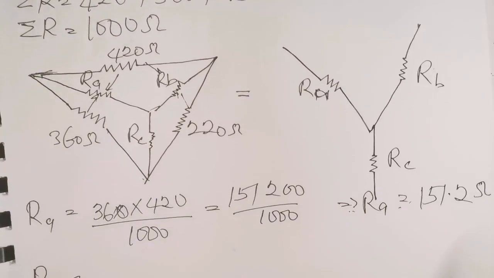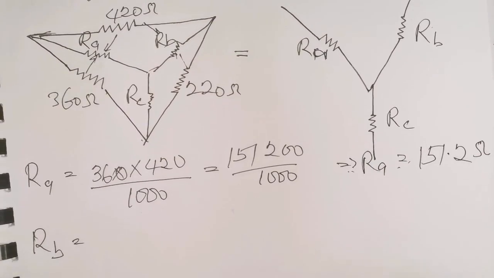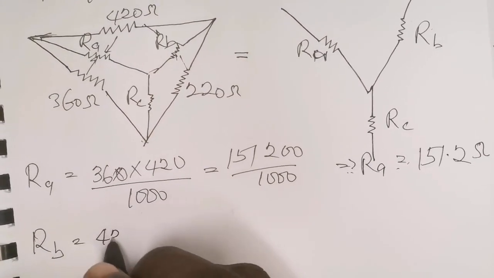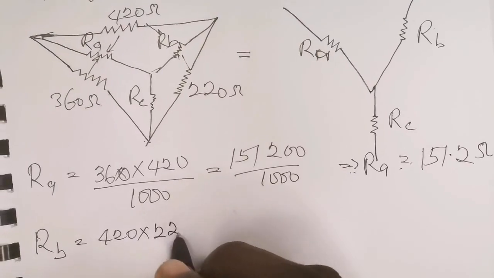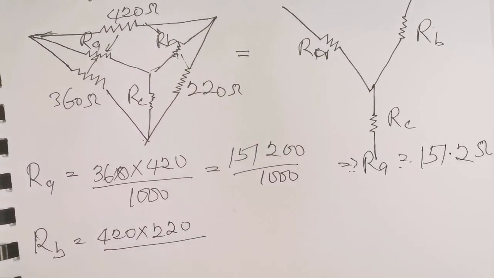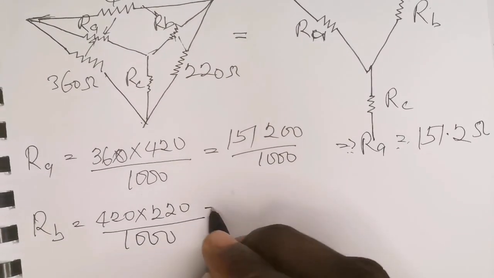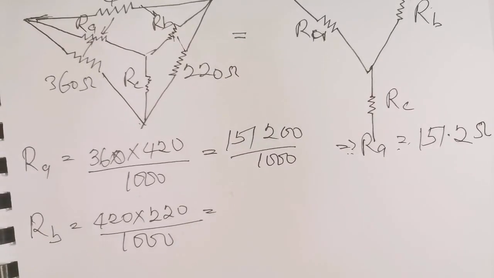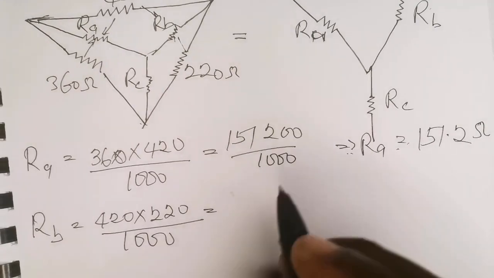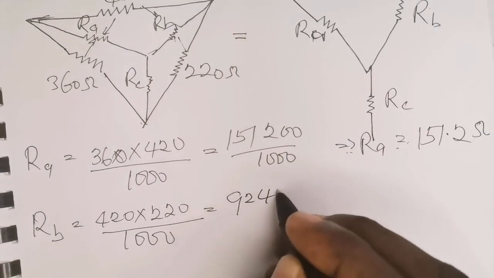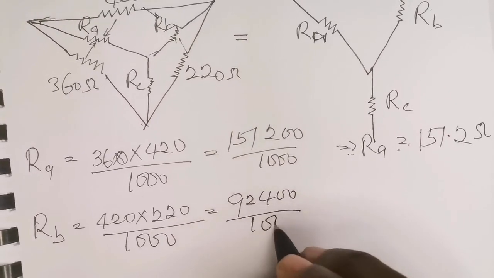So RB is going to be 420 multiplied by 220, divided by 1000, and this is equal to 92,400 all over 1000.